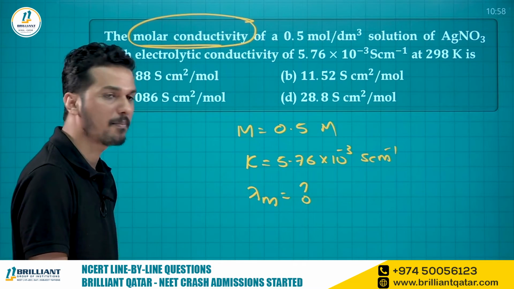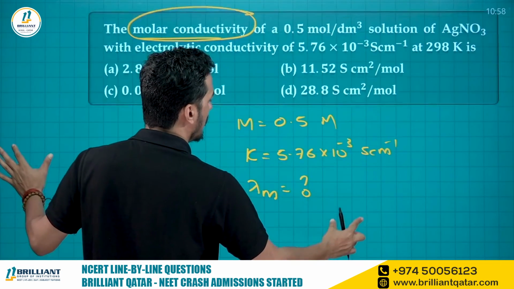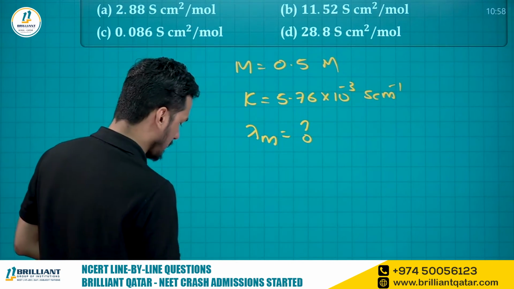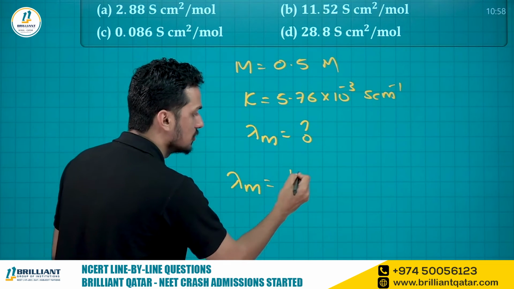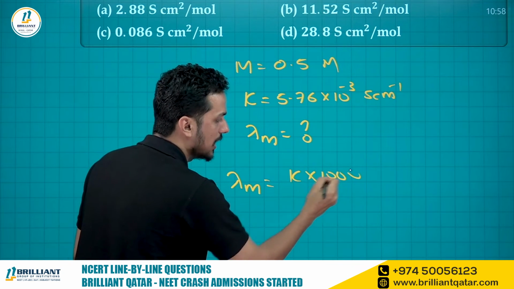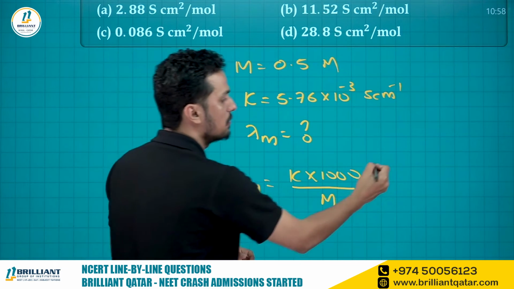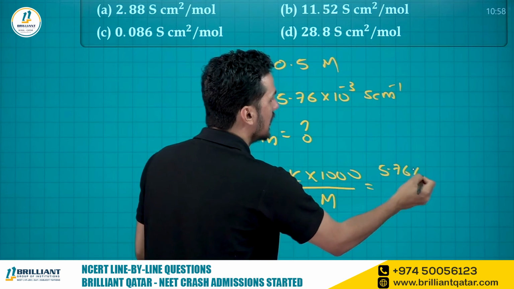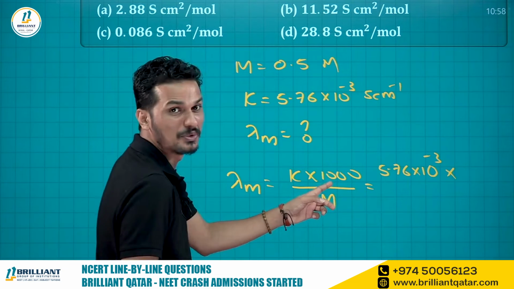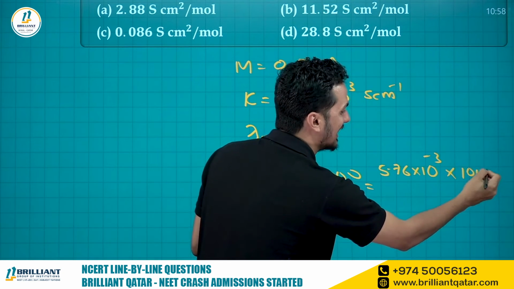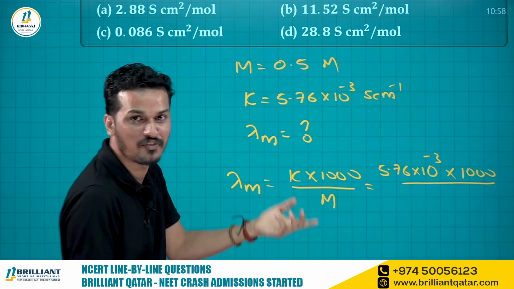How will we find lambda m? We know the formula. Lambda m equals kappa into 1000 divided by molarity. Kappa is given as 5.76 into 10 raised to minus 3, into 1000, divided by the molarity, 0.5.